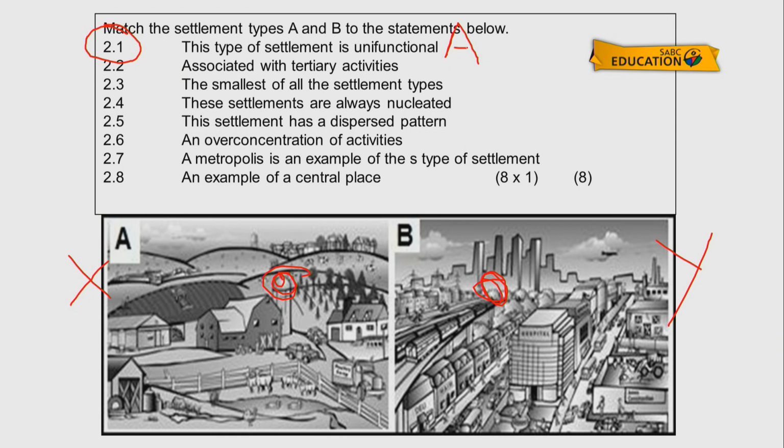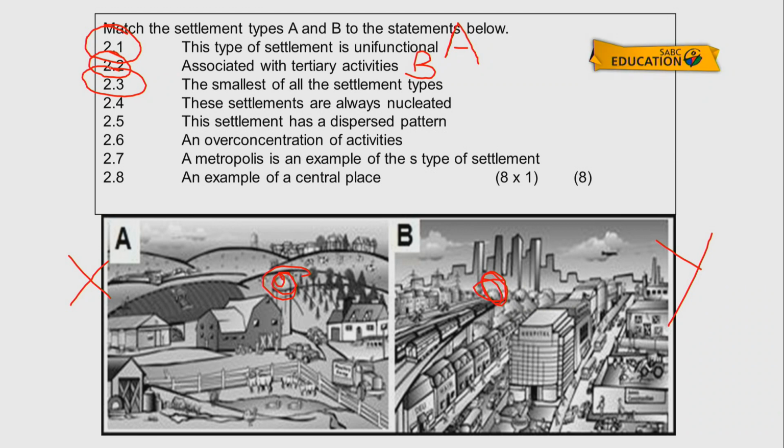Question number 2, associated with tertiary activities. If rural is primary and urban is secondary and tertiary, then place number B fits question 2. Question 3, the smallest of these settlement types. Remember, the rural settlements are the smallest.